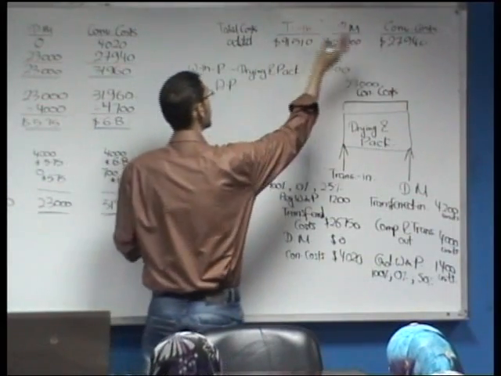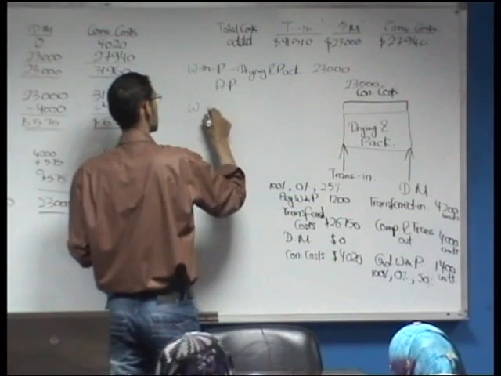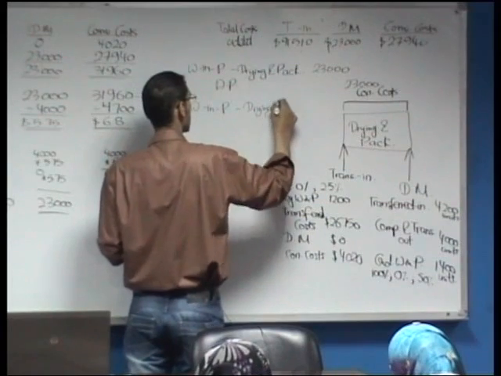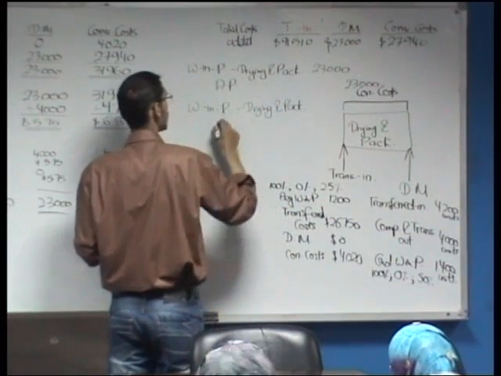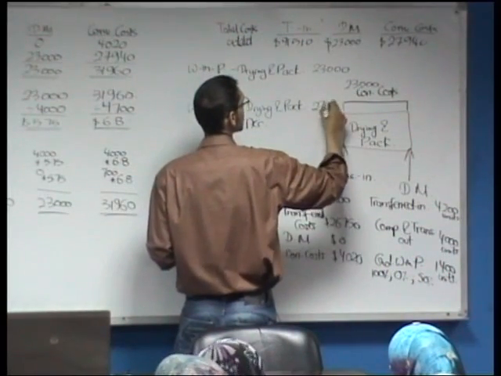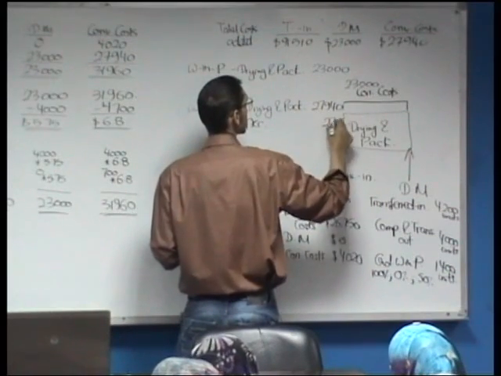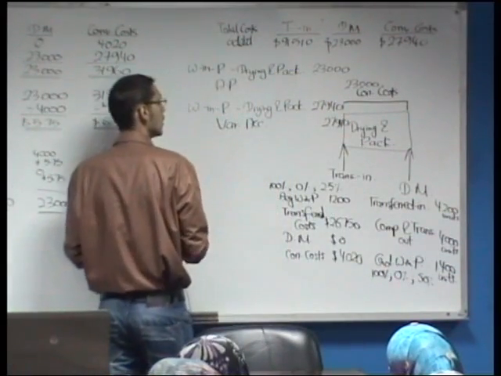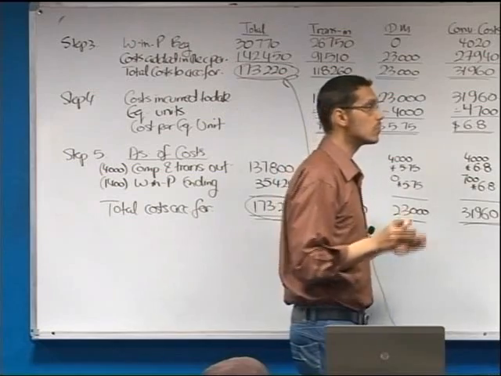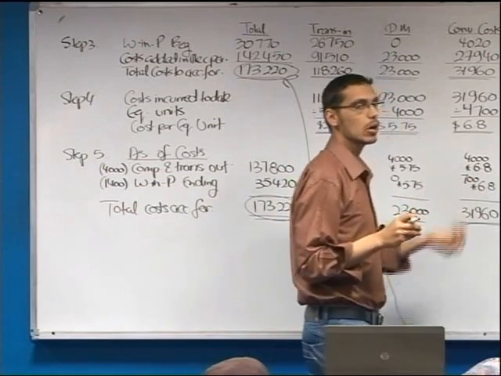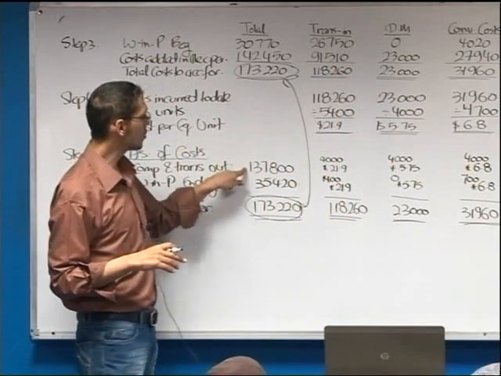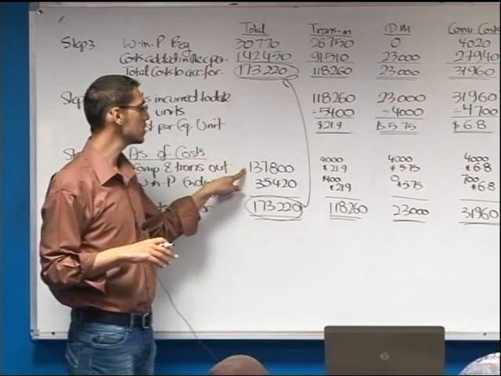Now let us consider the conversion costs: work in process for the drying and packaging, debited, and various accounts credited, by the amount of 27,940. Now at the end we have completed and transferred out from the drying and packaging department into the warehouses 4,000 units with the cost of 137,800.